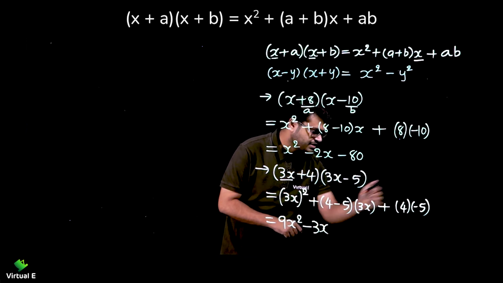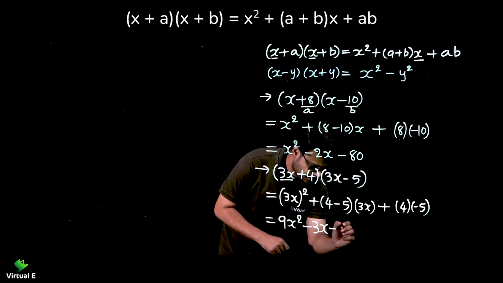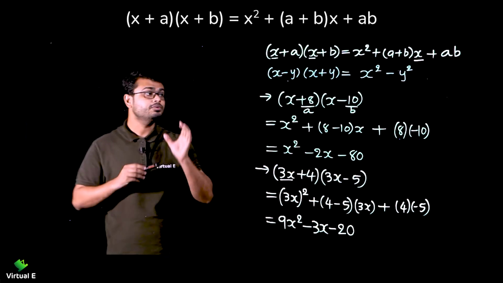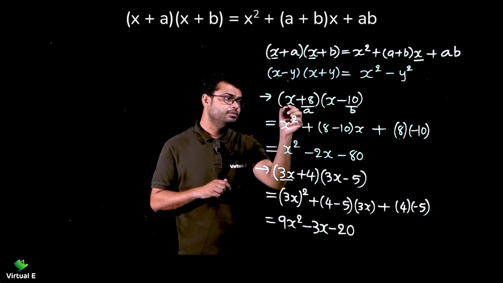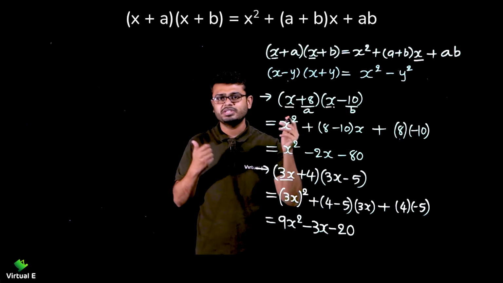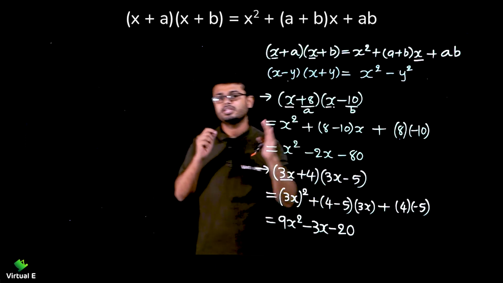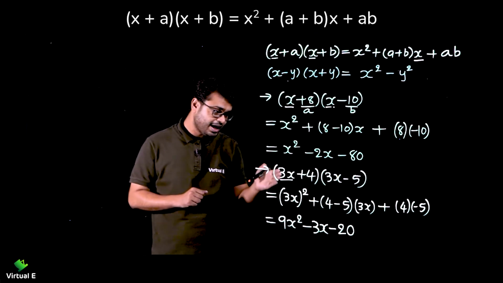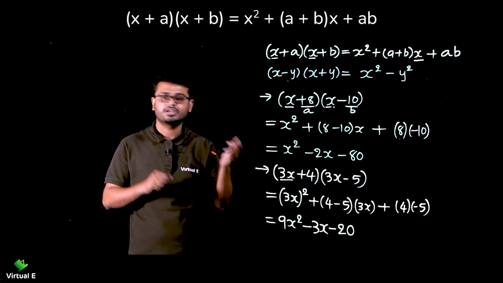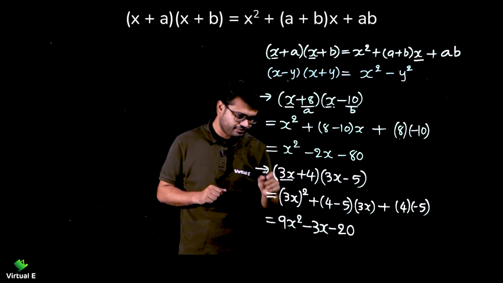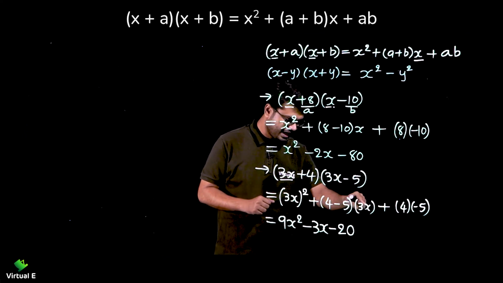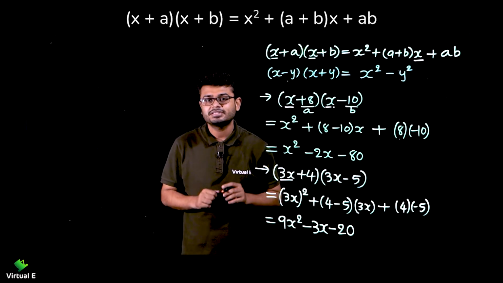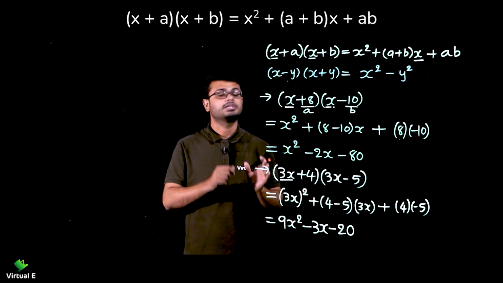And finally 4 5s are 20 and a negative sign is there, so minus 20, right? Very simple to do, but you need to keep in mind the value of x. If it is x, it is way simpler. You just need to change a few numbers in the identity and we can get the answer. Very easy. But when you don't have only x but have some coefficient other than 1, then you need to be very careful. If it is y over here, we replace x with y. It depends on the variable.